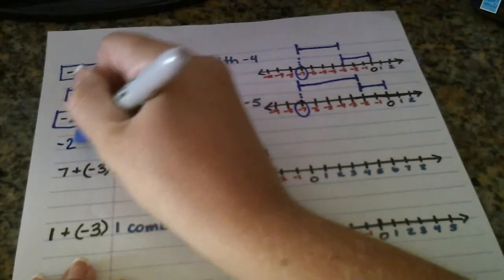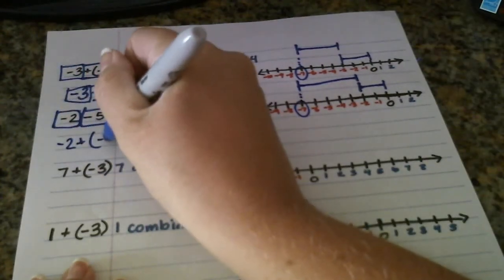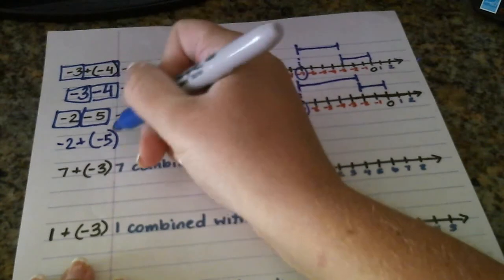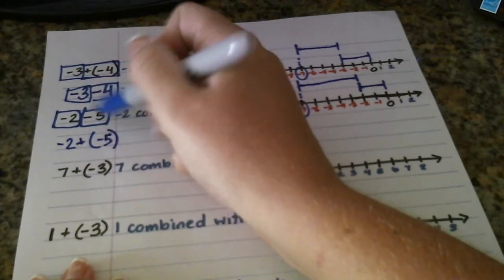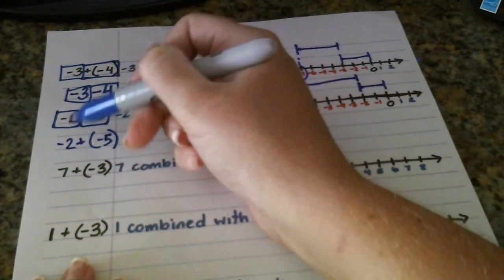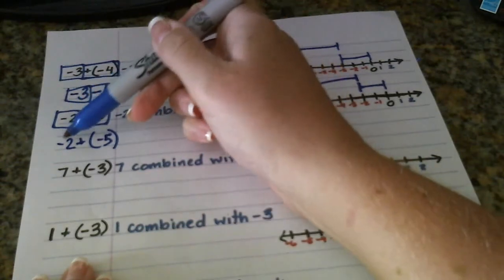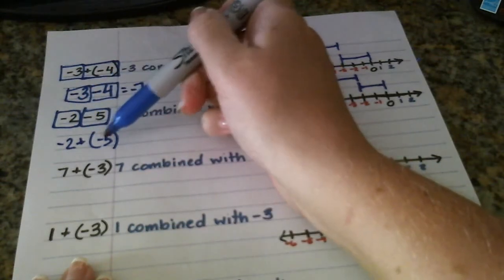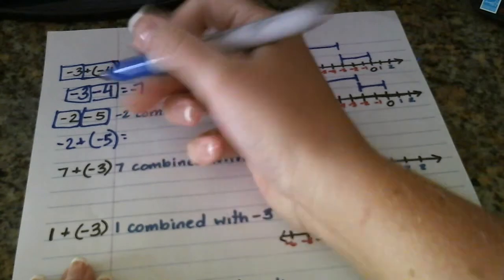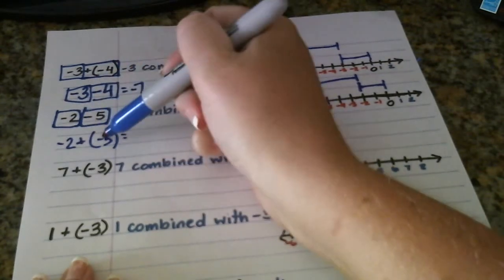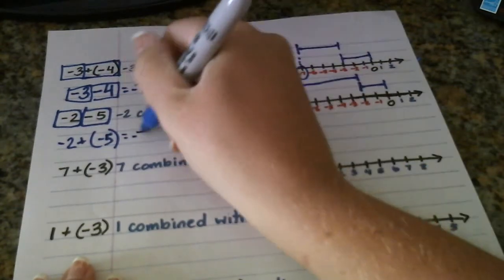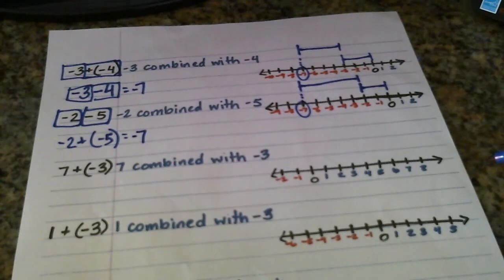So I could rewrite this as well, just to show the different ways of expressing this expression. This shows that I've got negative 2 combined with a negative 5 as well. So if I'm moving left 2 and then left another 5, it's going to take me to a negative 7 on a number line.